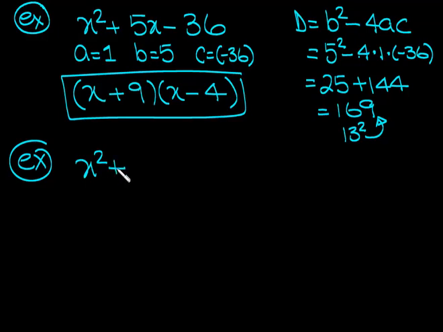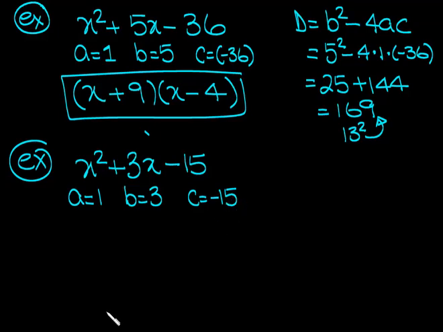How about this? x squared plus 2x plus 15. Okay. Let's do this. Let's make it minus and make this a 3. Alright, so let's do that. My A is 1, B is 3, and C is negative 15.